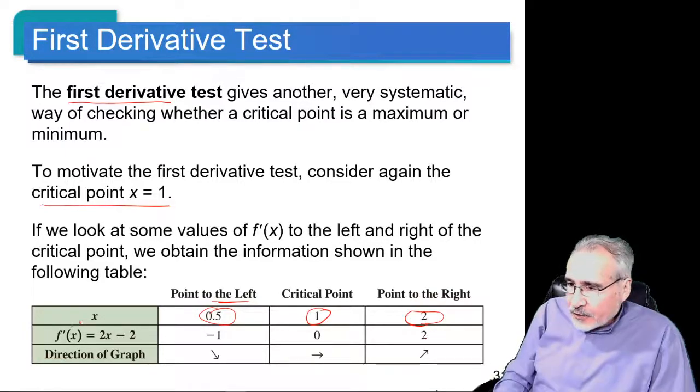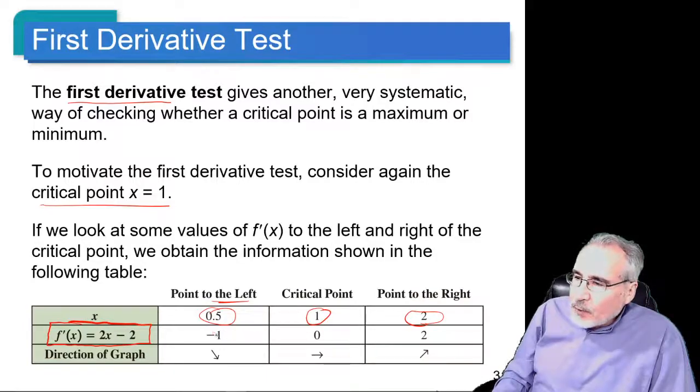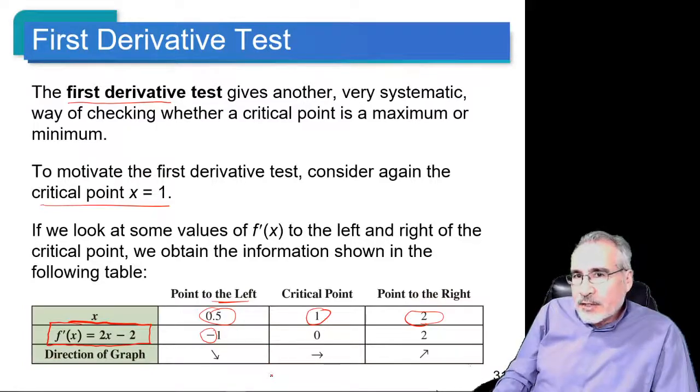So, and notice this time with the first derivative test, as the name implies, we are actually using the derivative. So these are not function values. What we're really concentrating on here is the sign of the derivative. So the value of the derivative is not as important, maybe it's not important at all, it's really the sign. The sign is negative, so it's going down.